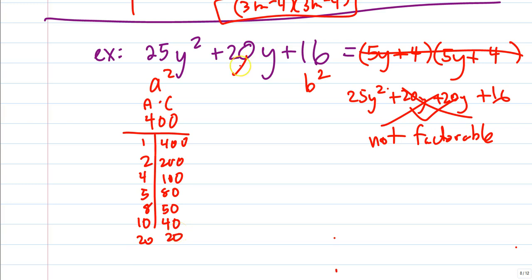Check them all. Do any of these make a 20? No 20 there, no 20 there, no 20 there, no 20 there. That's a 30. That's close. These would not make a 20. So that means it's not factorable. Okay?